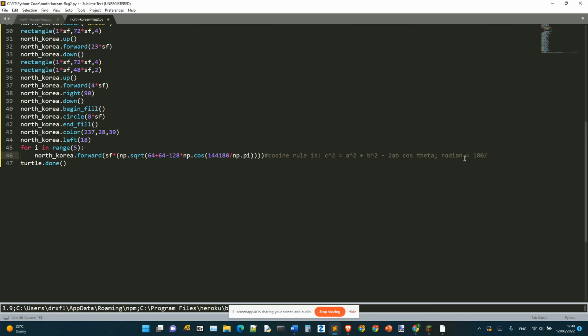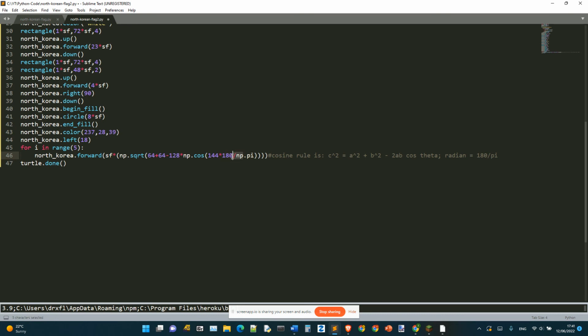So now we need to times this by 144. Actually, no. The radian value is actually pi divided by 180.